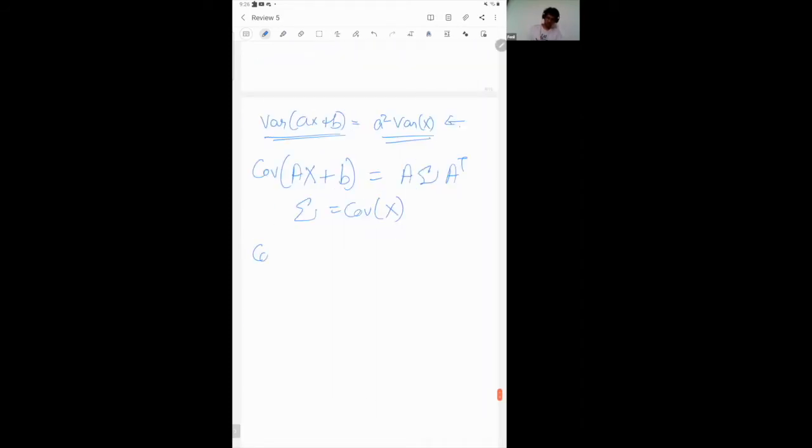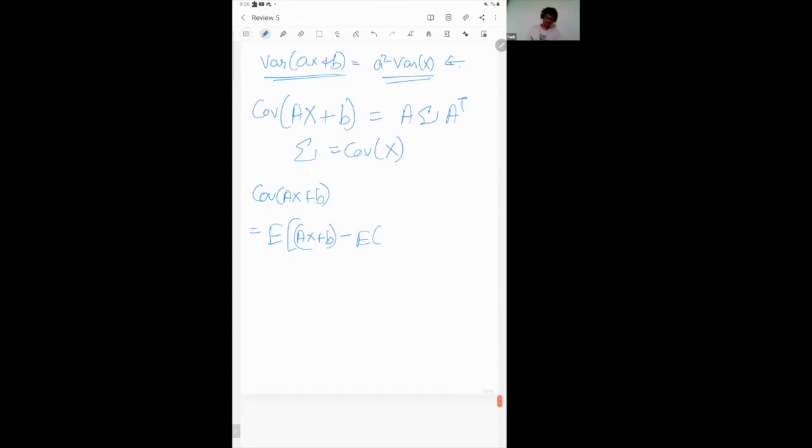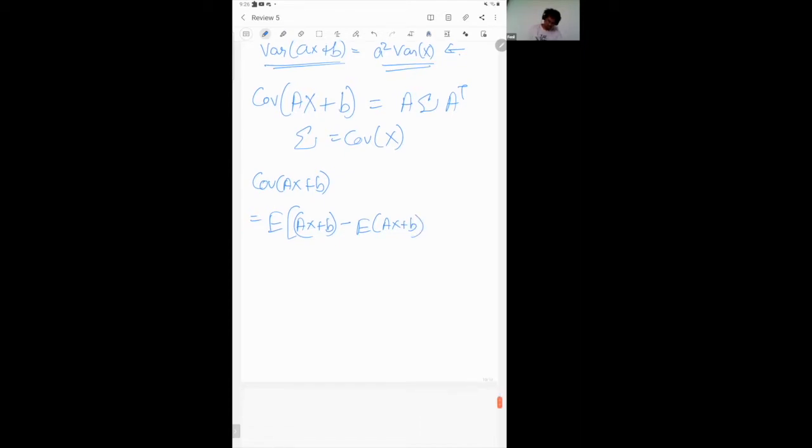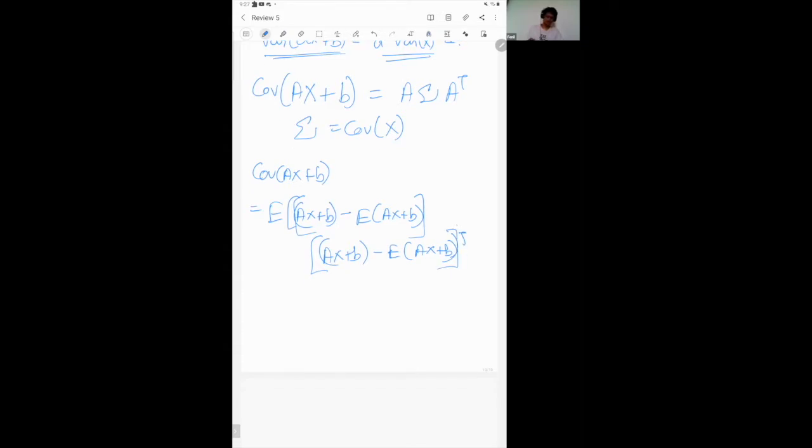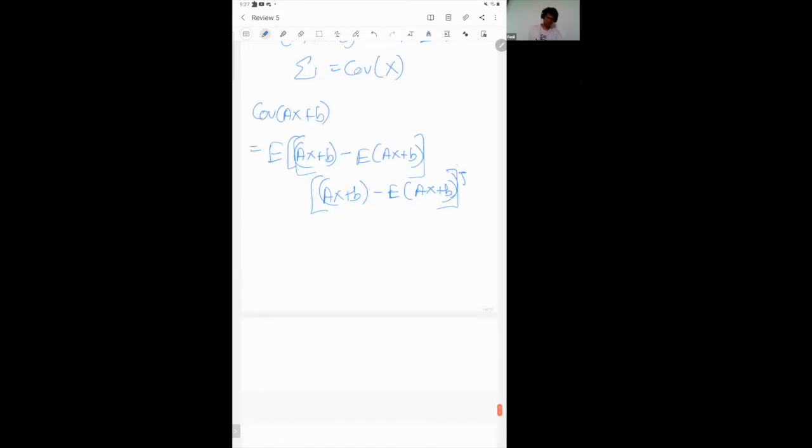We know the covariance of ax plus b would be the expectation of ax plus b minus the expectation of ax plus b, multiplied with the same thing but transposed. And we know the expectation of ax plus b is simply a mu plus b.